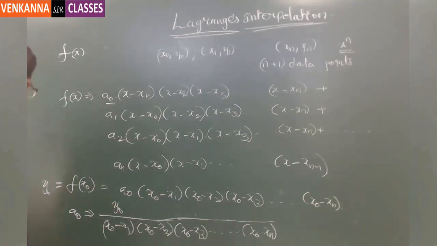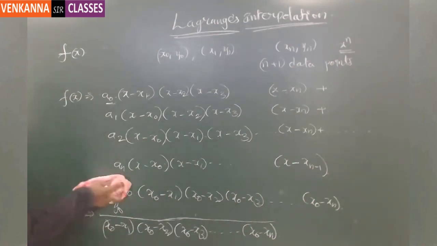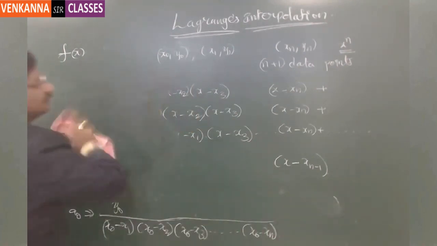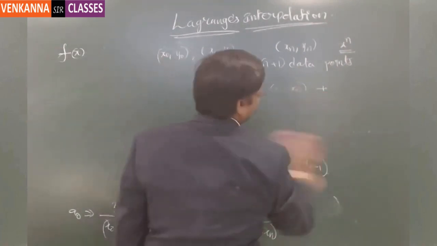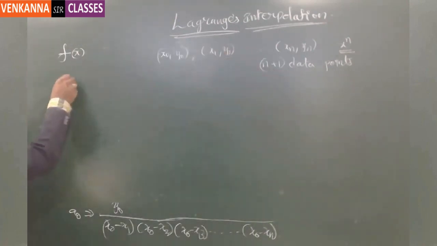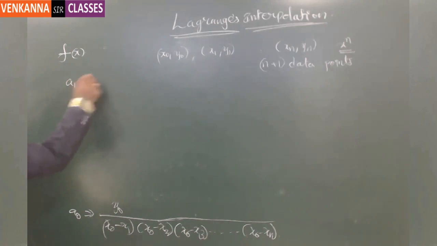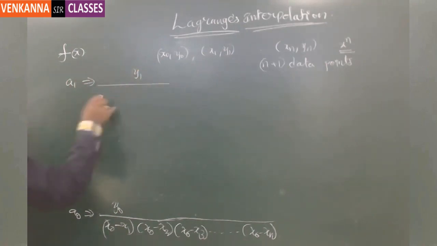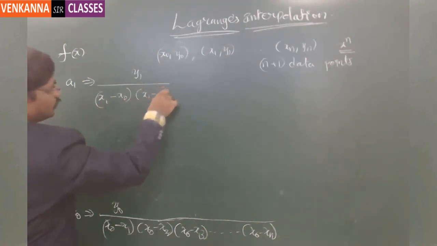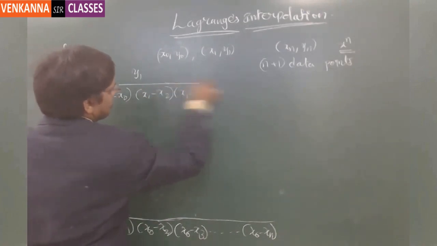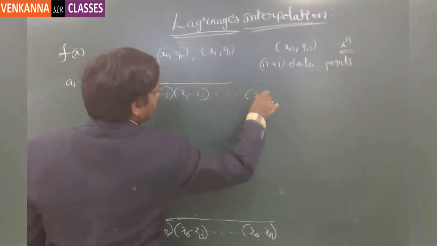So similarly, if you want to calculate a1, then this is going to be y1 divided by x1 minus x0, x1 minus x2, x1 minus x3, dash dash dash up to x1 minus xn.